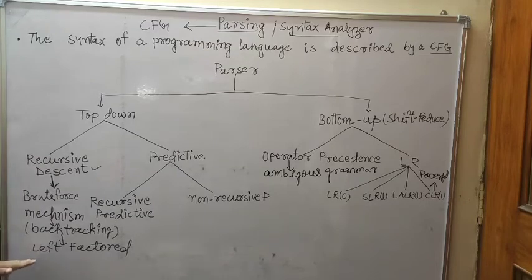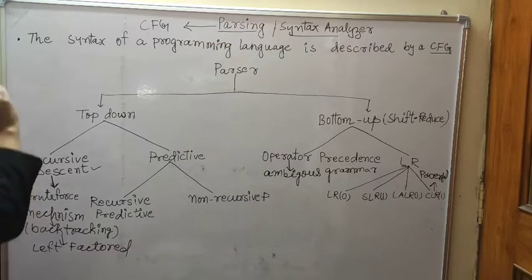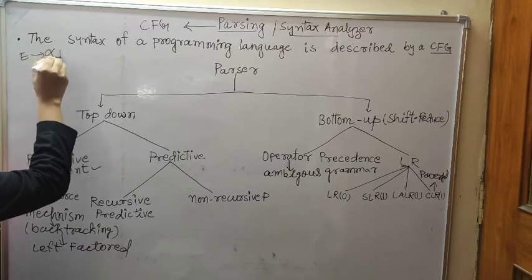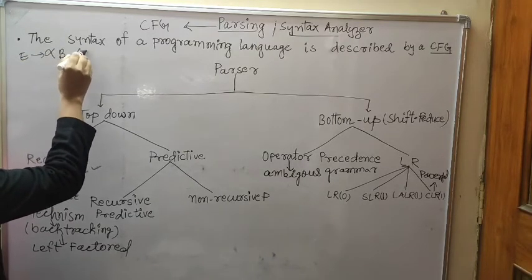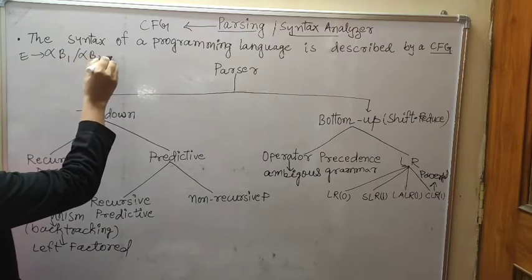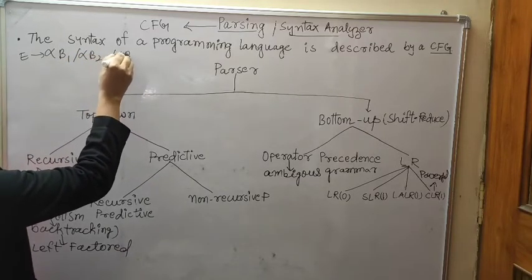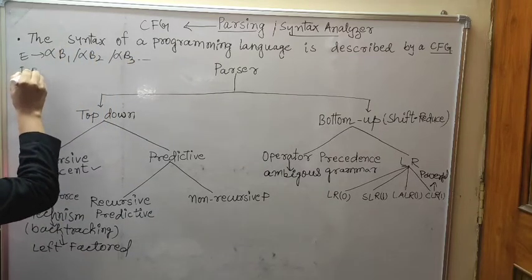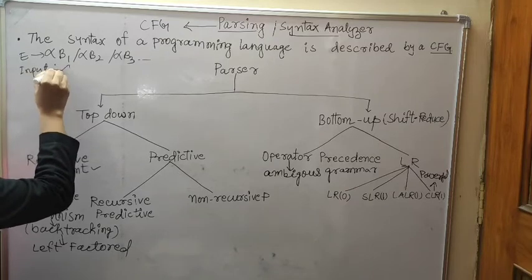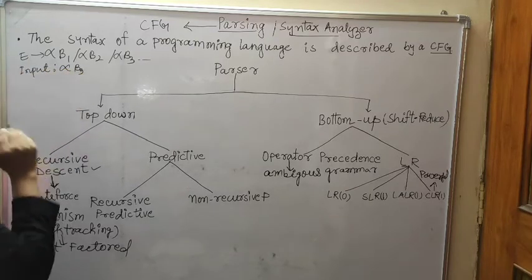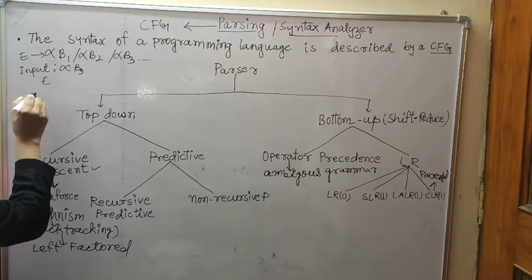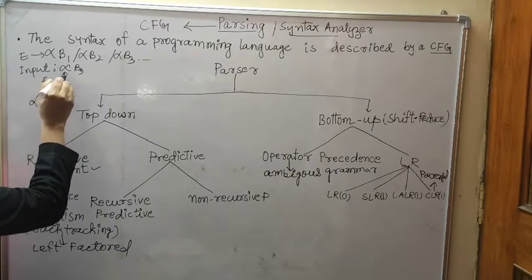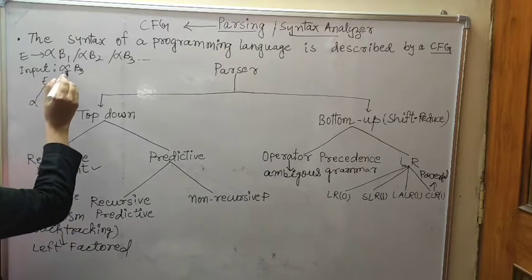To eliminate the backtracking, for example, the expression is given as alpha beta1, alpha beta2, alpha beta3, and the input is given as alpha beta3. First we go to the expression, then I look at the pointer at alpha.